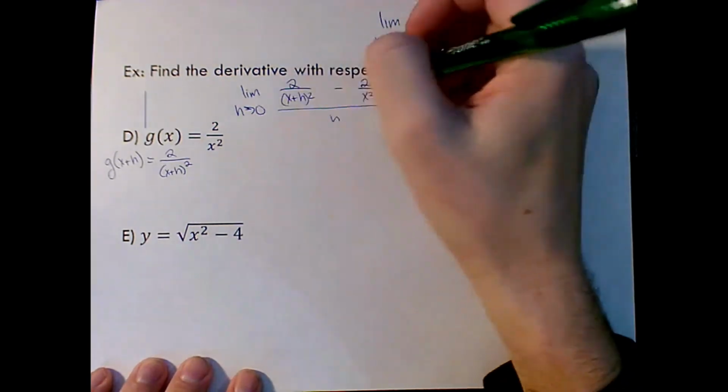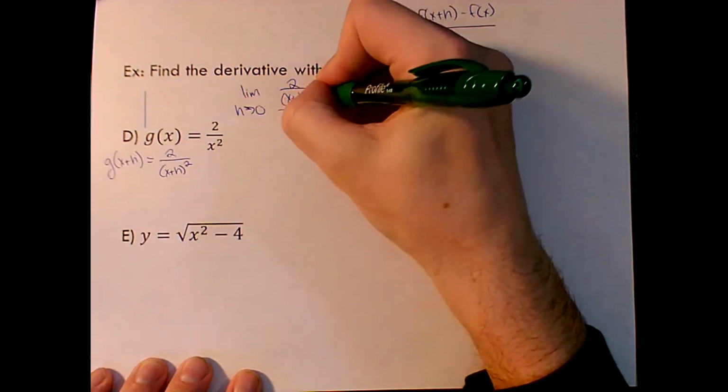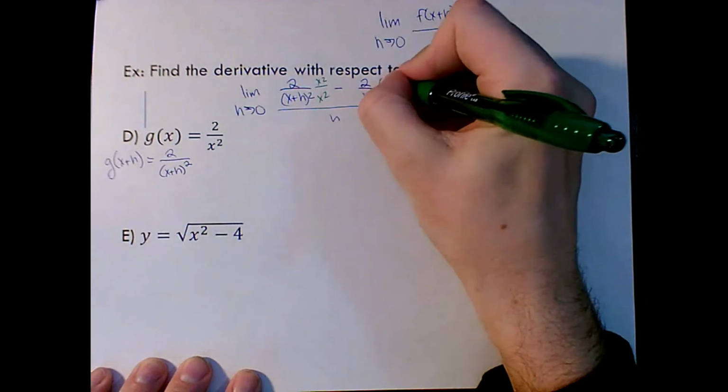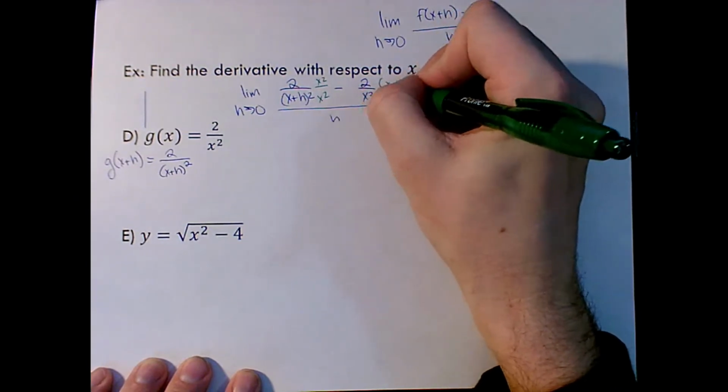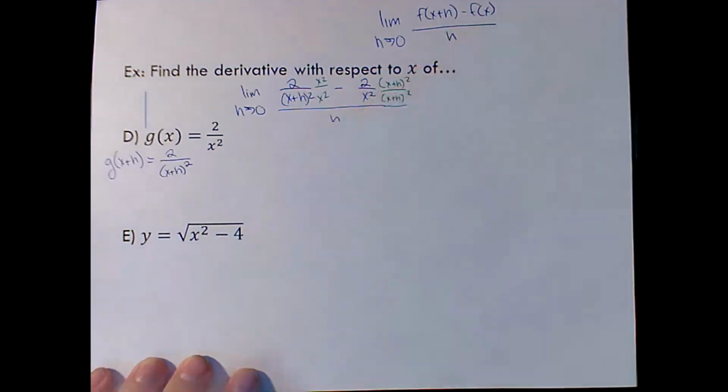In order to combine these guys, I need to multiply by x squared over x squared. I need to multiply by x plus h squared over x plus h squared. All right.